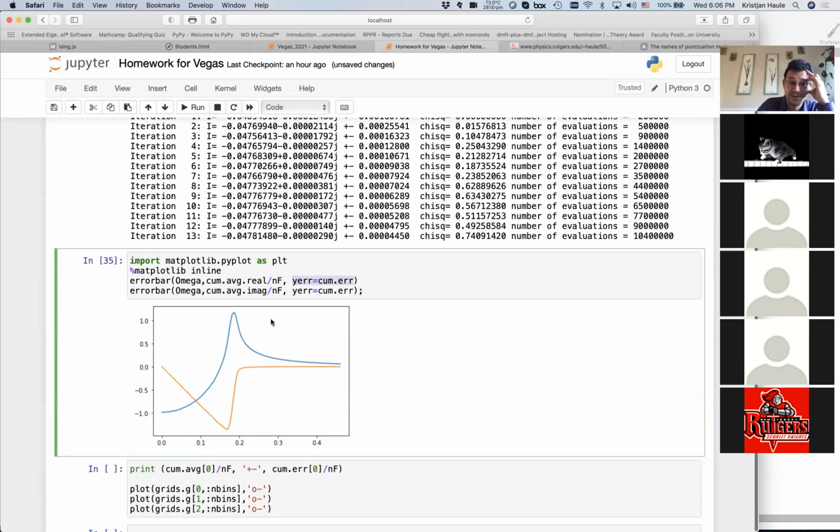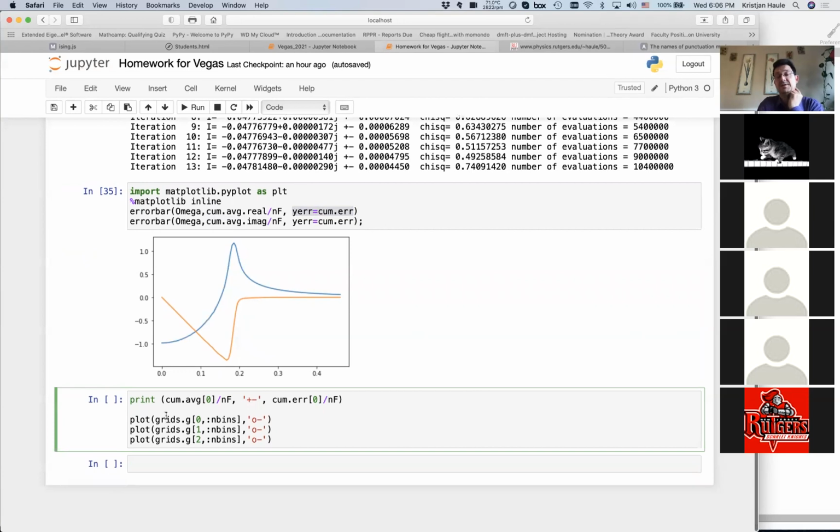As a function of omega, you see that the error bars are tiny. Basically, you see this just as a line because the error bars are so small. We got the entire function in one run, not only one value. Before we were calculating one single value, and now we got the entire function in one run.